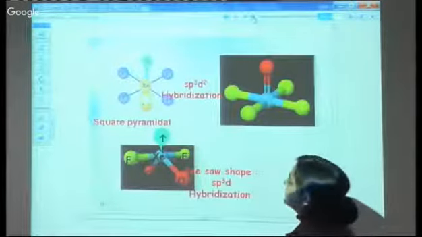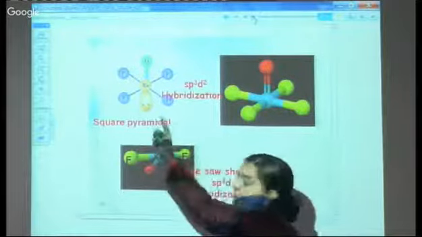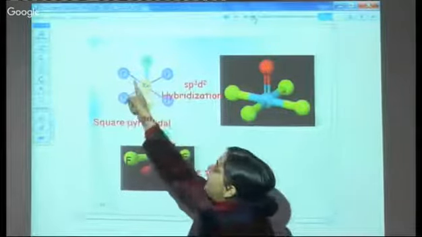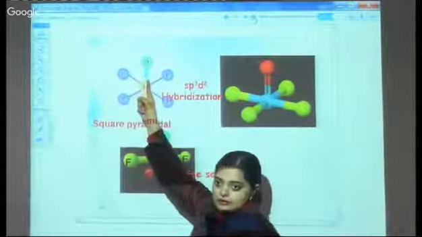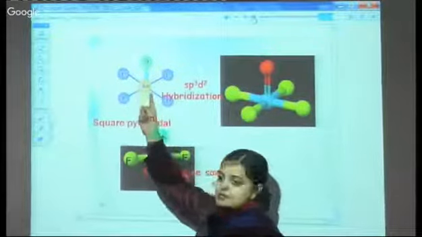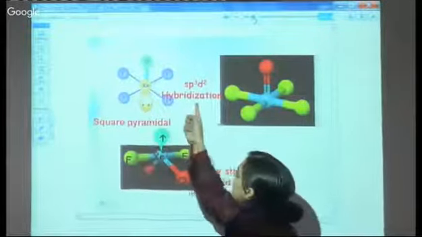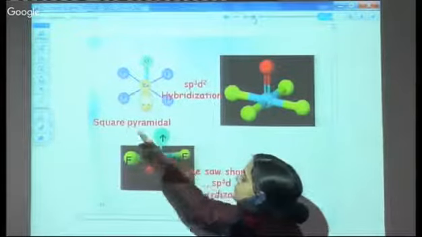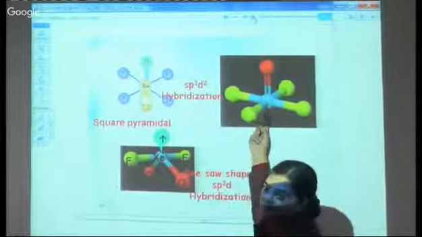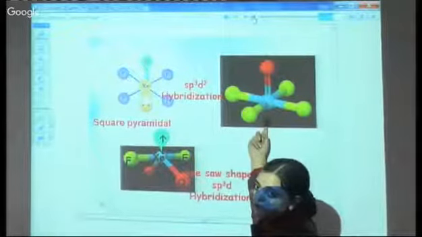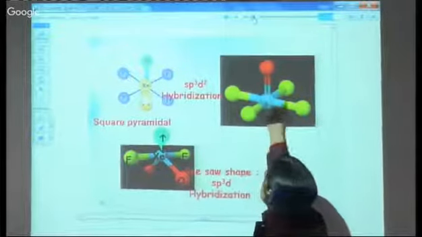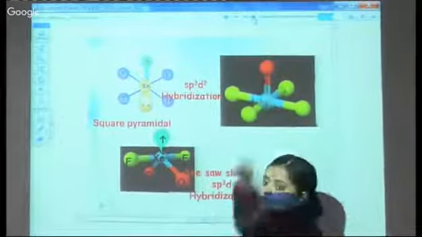Now this is the geometry we were talking about. F4, 2 for oxygen, in total 6 bond pairs and 1 left out, the remaining lone pair. So the geometry would be square pyramidal. You can see here the molecular modeling structure. Fine. These are fluorines, xenon, oxygen.